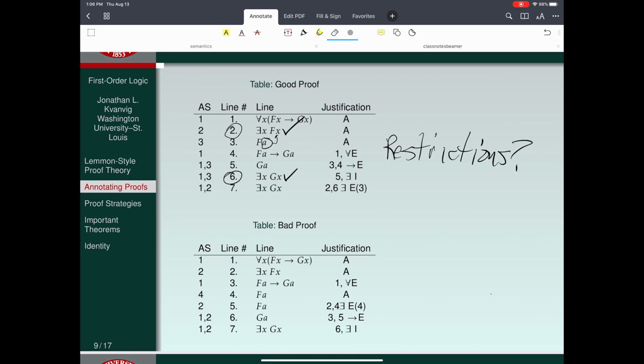Its assumption set is lines 1 and 3. So the restriction is that the name can't be in any of those assumptions, except, of course, for the assumption that you're discharging, which is line 3. So line 3 is not relevant here.